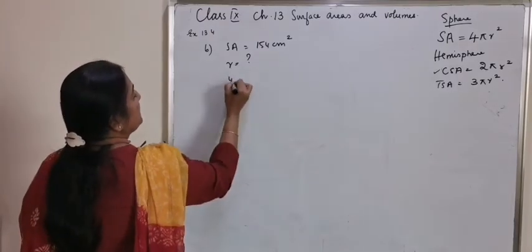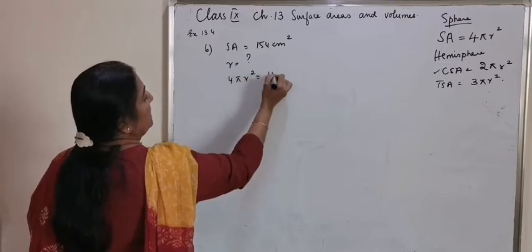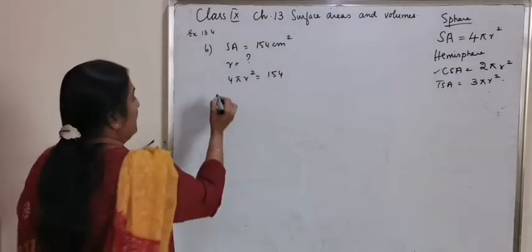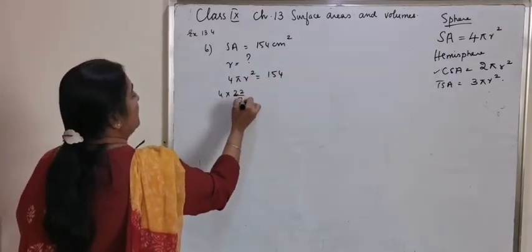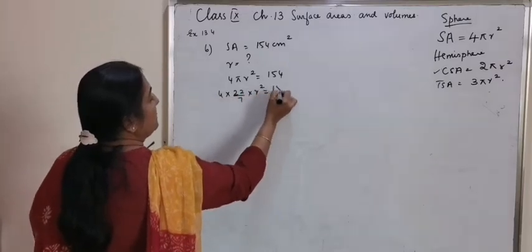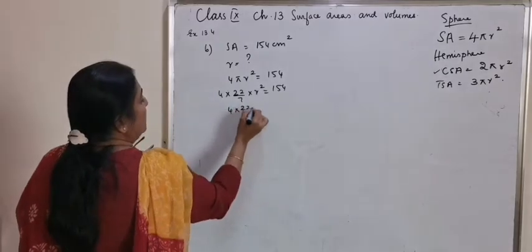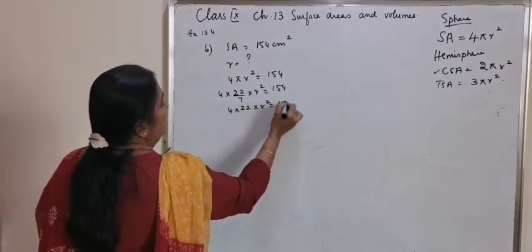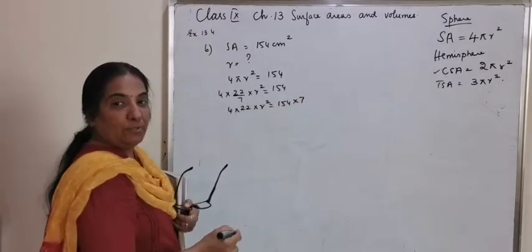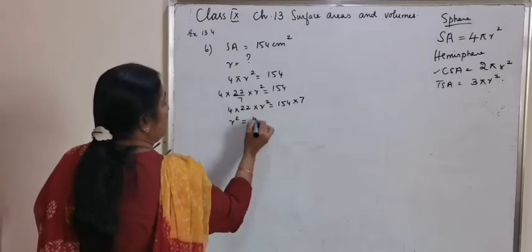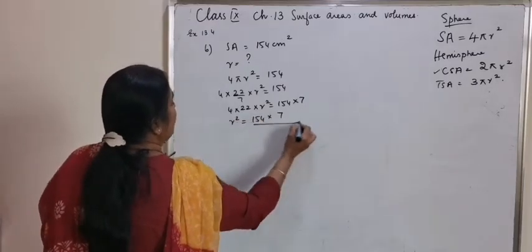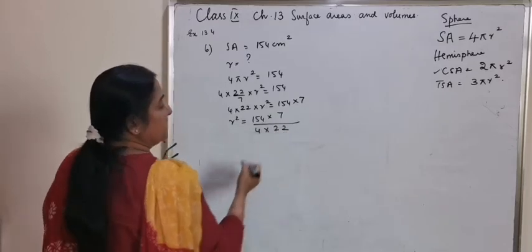Surface area of a sphere is 4 pi r square is equal to 154. The value is 4 into 22 by 7, r square is equal to 154. Simplification only at the end. 154 into 7, please do not multiply. R square is equal to 154 into 7 by 4 into 22.